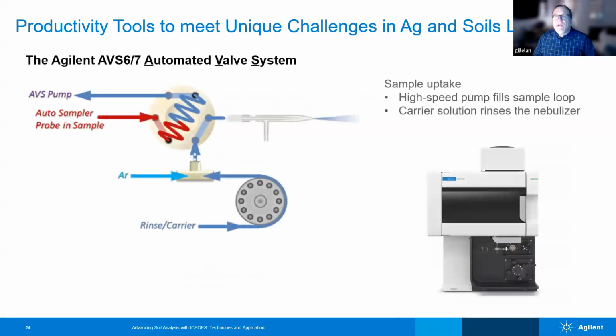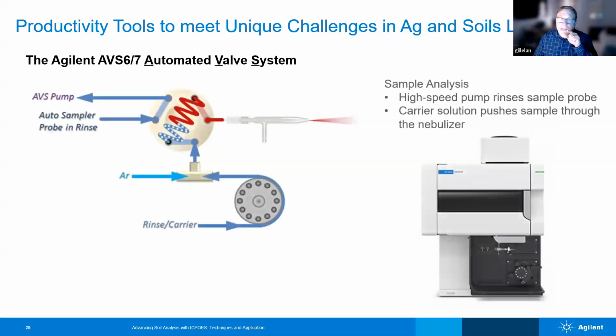How does it work? It is a loop. Basically, the valve is used to fill a loop. The valve fills this loop, the little coil thing that you see there, with sample, and then the valve changes state, and the sample is deposited slowly into the nebulizer. And during that time, the probe is being rinsed out.